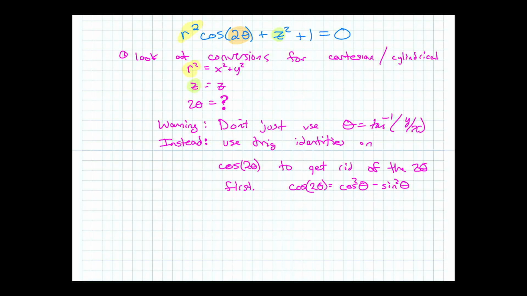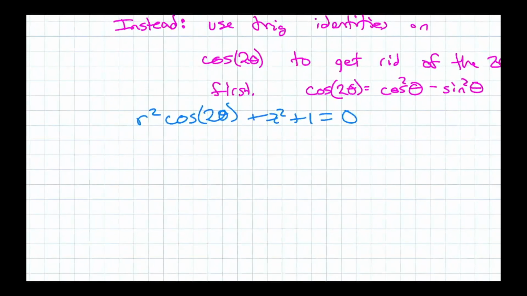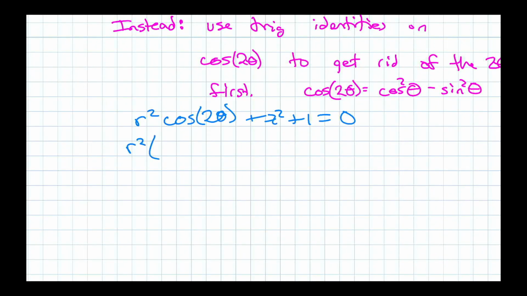So we have r squared cosine 2 theta plus z squared plus 1 equals 0. So I've got r squared times cosine 2 theta, which is going to be cosine squared minus sine squared. Yeah, that's fine.